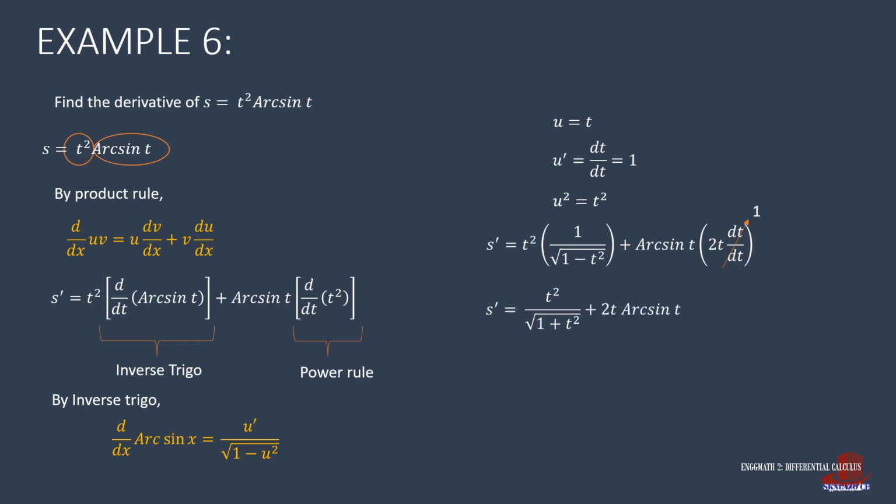We can simplify then s prime as t squared over the root of 1 plus t squared plus 2t times arcsine of t. With one term having a denominator, take the LCD, making s prime as the numerator, t squared plus 2t arcsine of t multiplied by the root of 1 plus t squared, over the denominator, the root of 1 plus t squared.